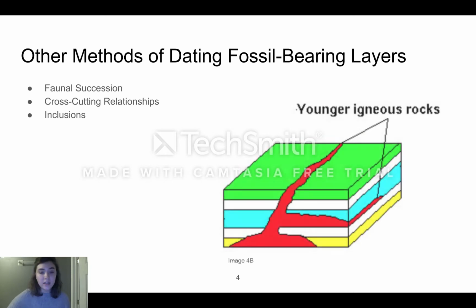The second method is the cross-cutting relationships. I'm stating this again, even though we saw it in the past slide, because it also includes inclusions. So this method states that sedimentary layers are older than the dike igneous rocks that cut through them.